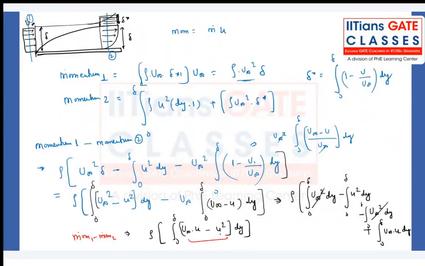It is non-zero. When it is non-zero, can you say very confidently that momentum cannot be conserved, unlike mass which is conserved? Getting my point? We cannot say momentum is conserved because we have some extra non-zero term.